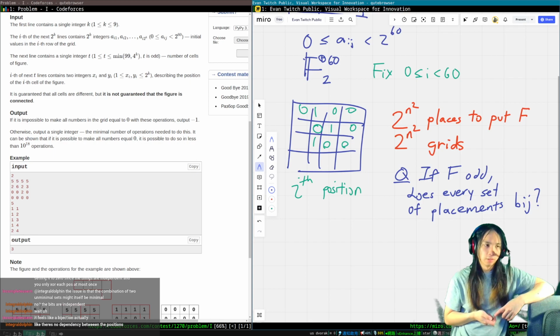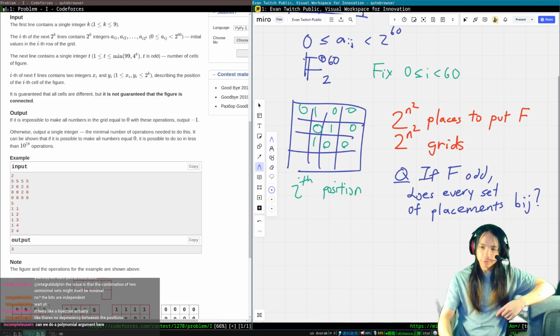But f is odd, and so if I just do a naive sum, we were also given that the dimensions of the grid are a power of 2. So what you need is the number of copies of f that you needed to place. No, that's not great. But okay, I feel like the claim should just be true.